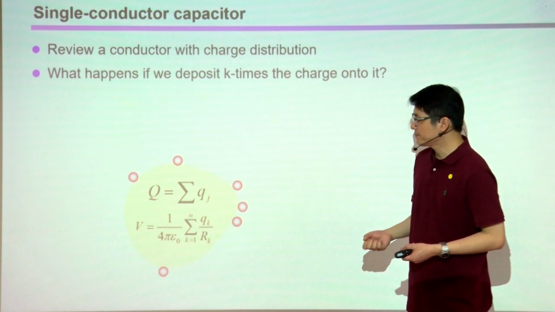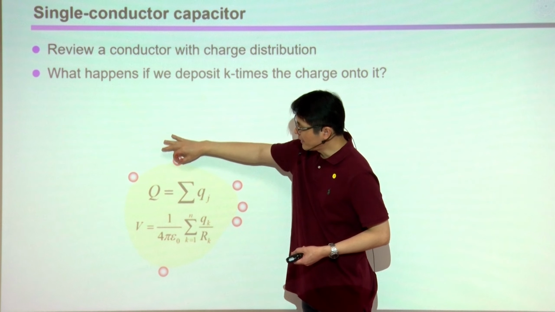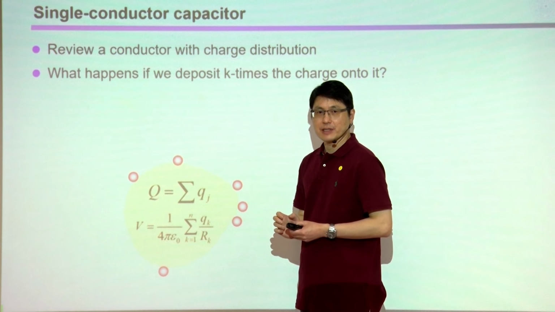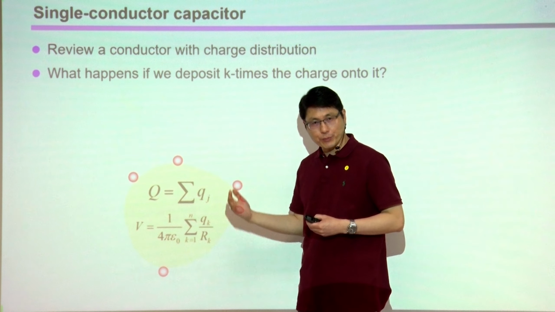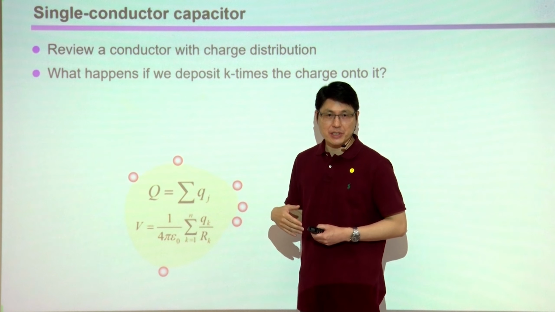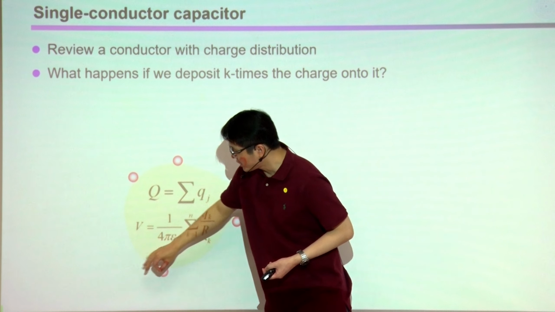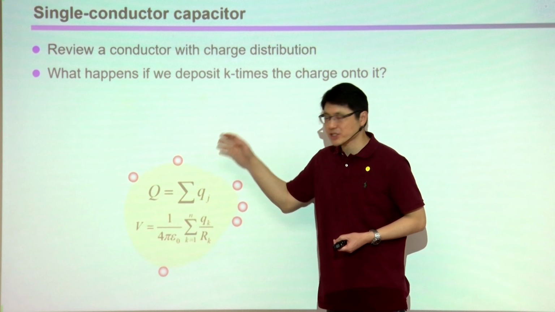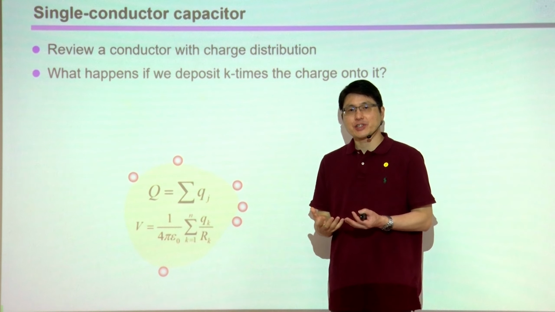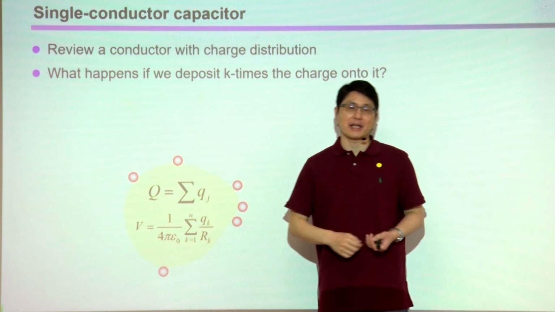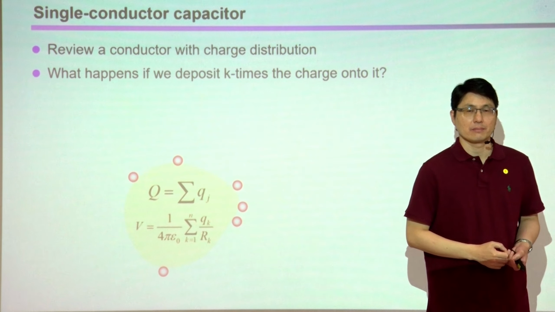From Coulomb's law, we know that a single charge can set up its own E-field pattern, and if you perform the negative line integration, you have electric potential. So the amount of charges you deposit on the surface of the metal actually gives rise to a total electric potential, right?